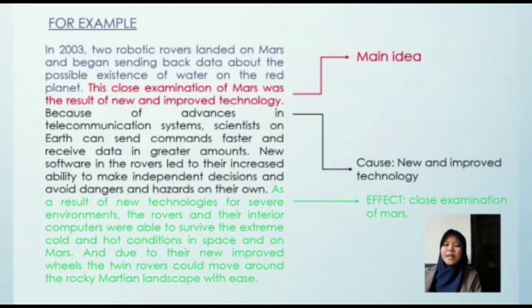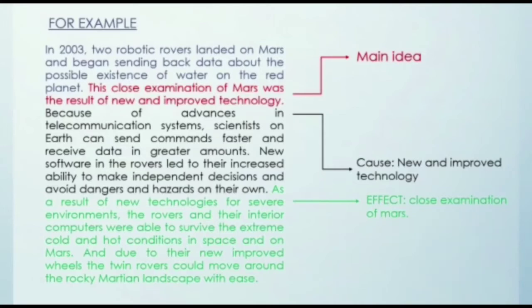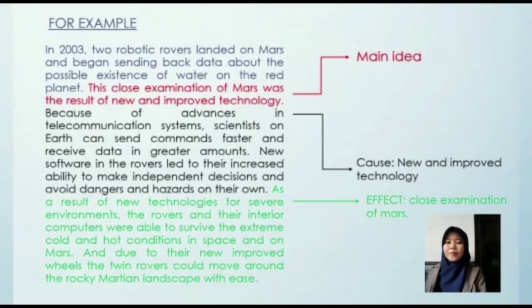And because of advances in telecommunication systems, scientists on Earth can send commands faster and receive data in greater amounts. New software in the rovers led to their increased ability to make independent decisions and avoid dangers and hazards on their own. This big sentence is the cause: new and improved technology. And the next is a result.